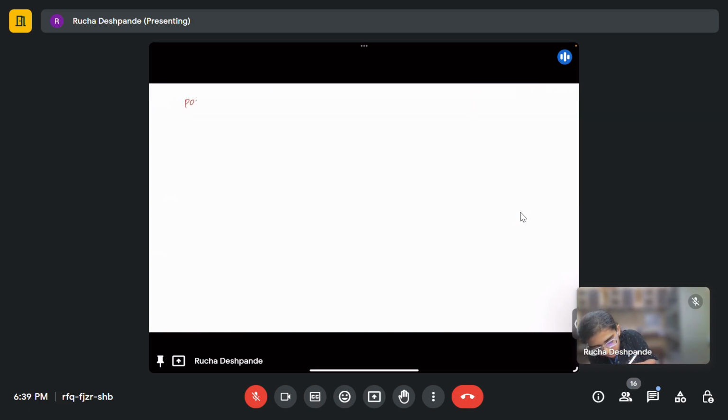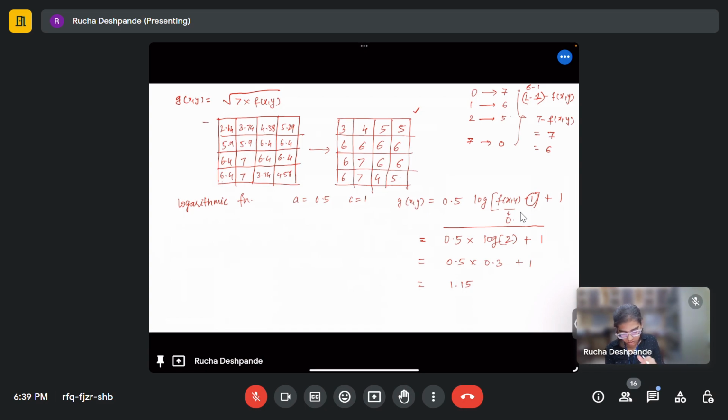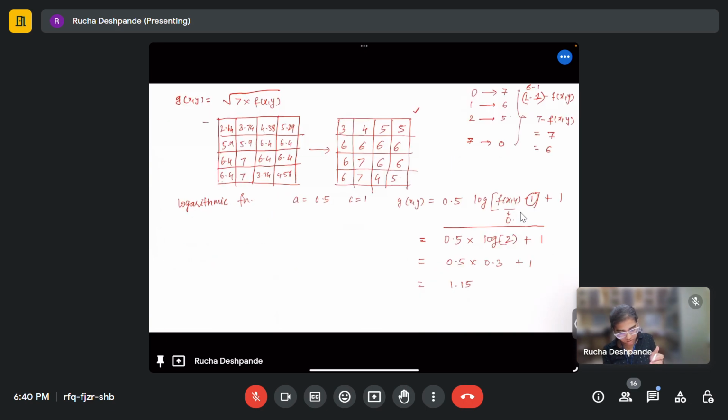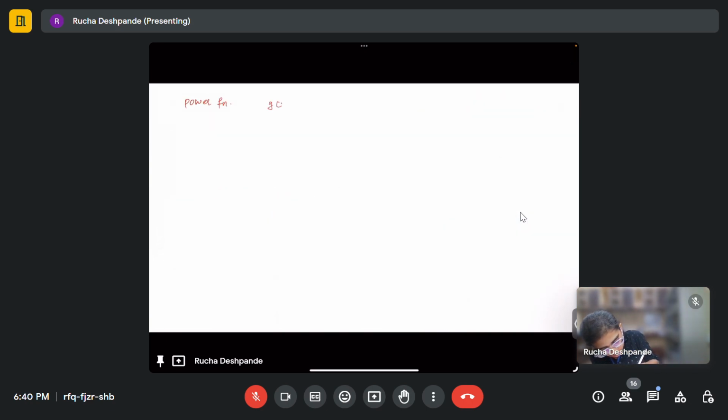And next is power function. So it is c into f of x comma y to the power r. C is 1 and r is 1.2. In square root, will you show that matrix, please?